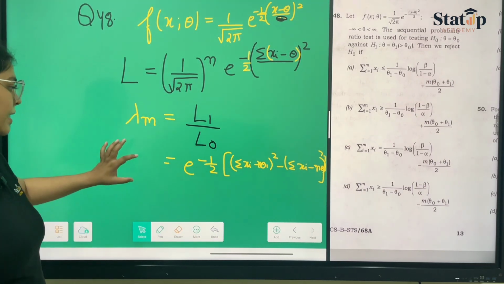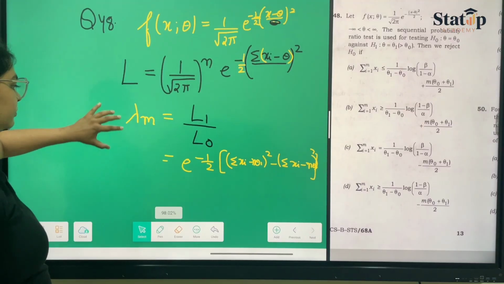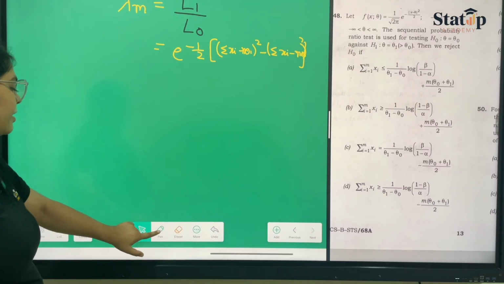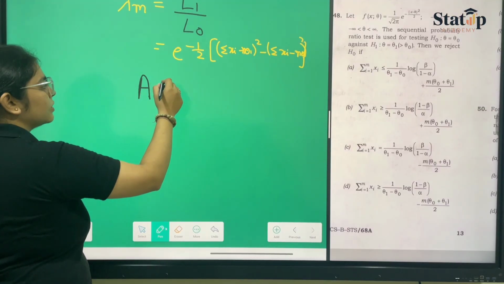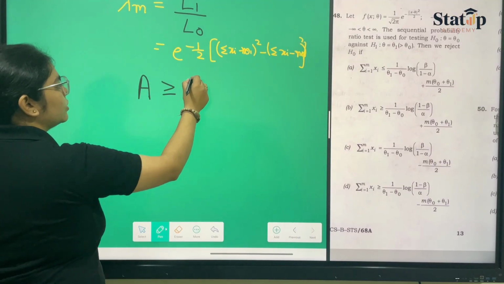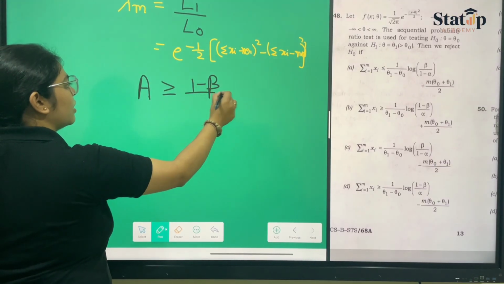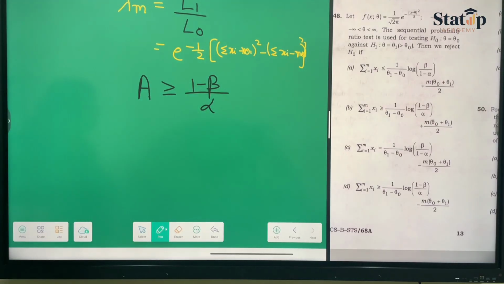now we all know that our value of a is greater than or equal to 1 minus beta upon alpha. We all know this.